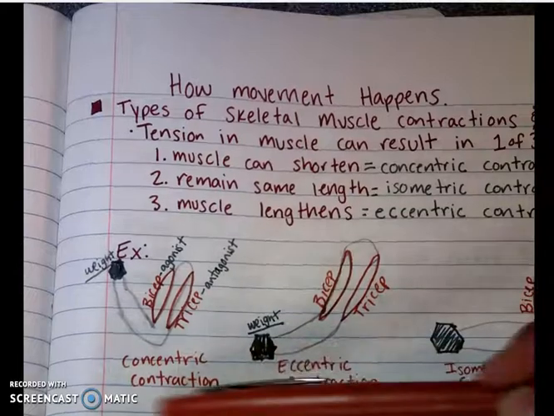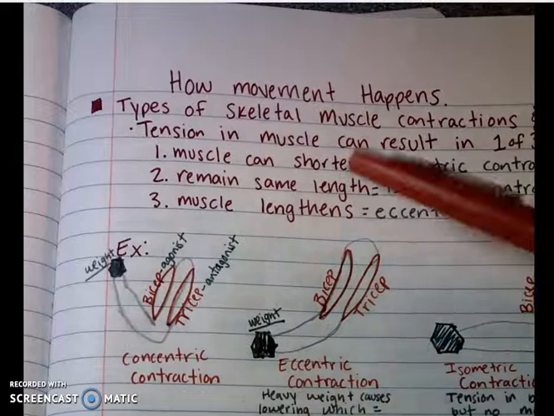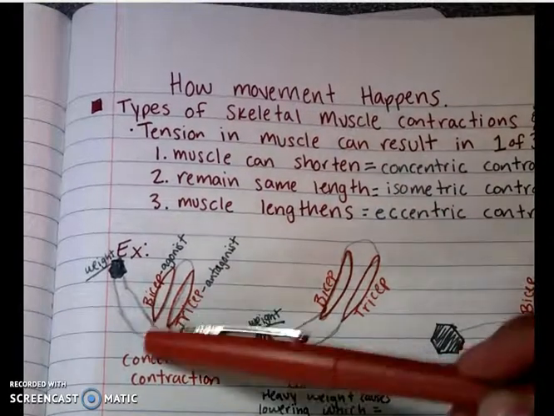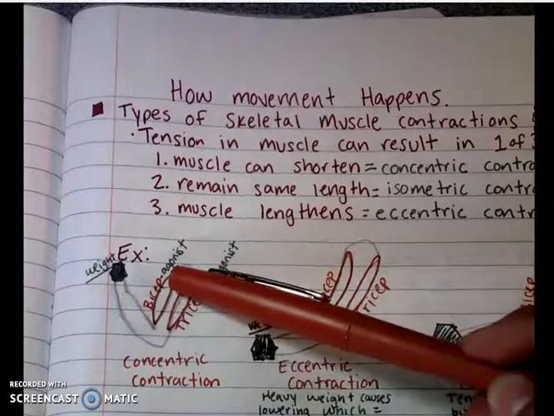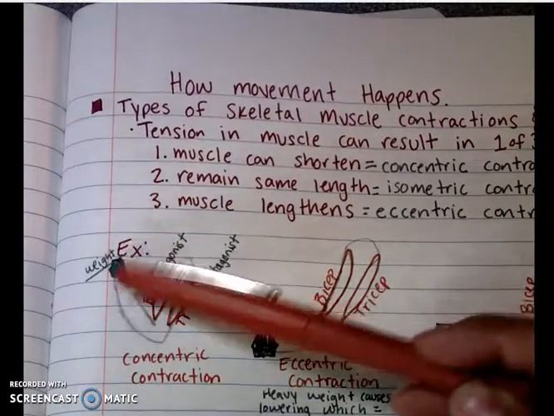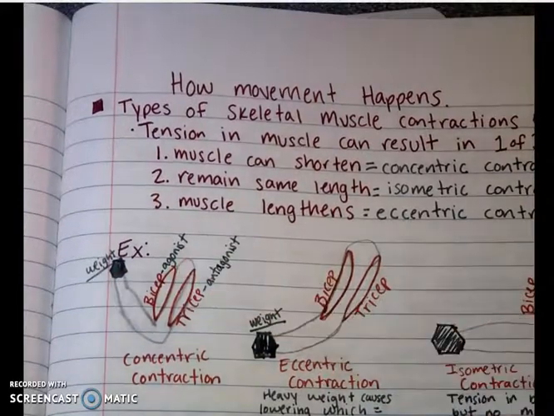This first one, the concentric contraction, is probably what you're more familiar with. This is when the muscle actually shortens and it causes joints or bones to come closer together. So in this case, the hand or your wrist is getting closer to your shoulder.